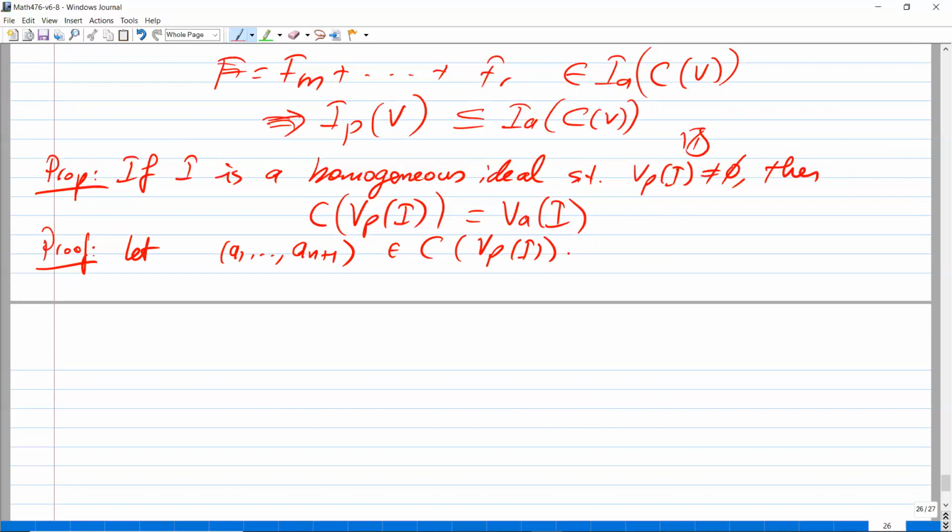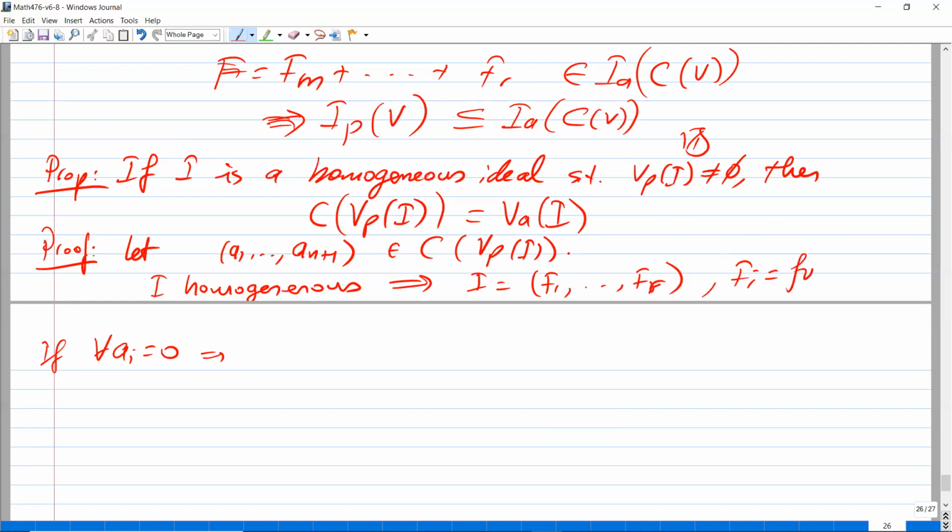Okay, so if all the Ai are 0, then... so before this, I is a homogeneous ideal, so that I is generated by finitely many forms, let's say F1 through Fr. The Fi's are forms.